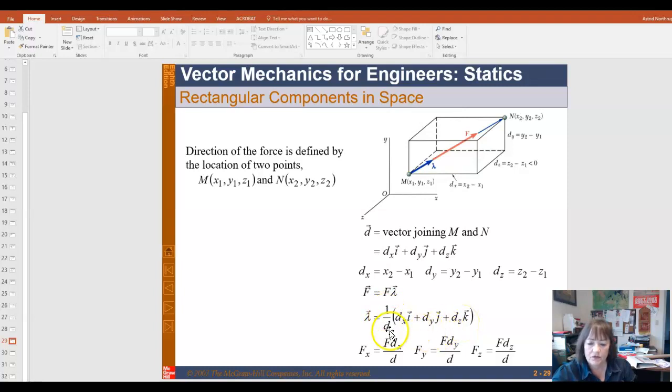So if we take 1 over d, the entire length, times these, which are essentially the numerators of the directional cosines, we can write the F in the x, y, and z directions as the product of F times d sub x over d, d sub y over d, d sub z over d, which are essentially the directional cosines. So from this drawing, we can get all the information we need to do that analysis.